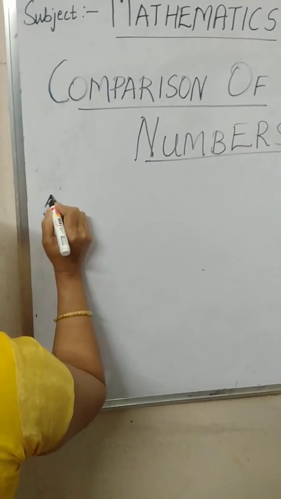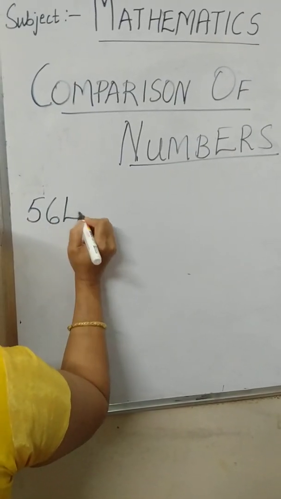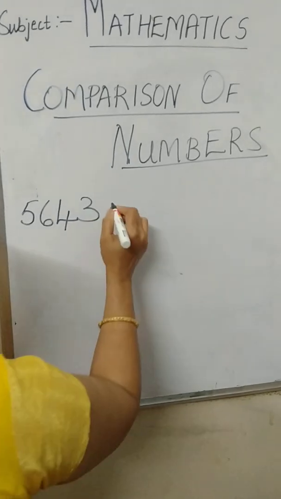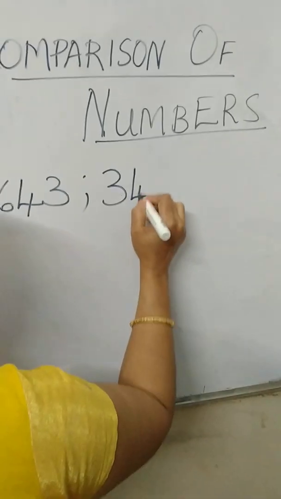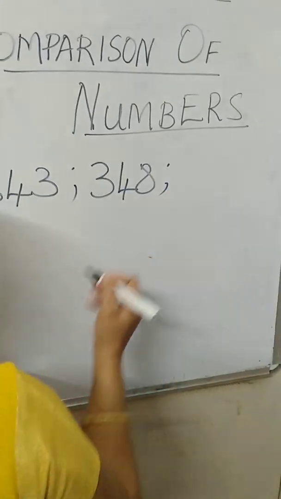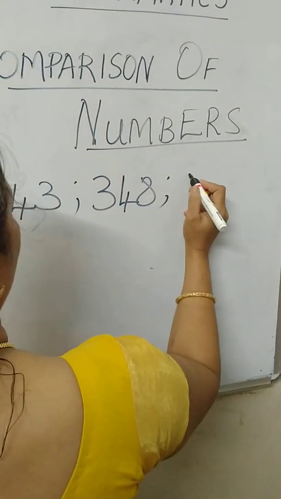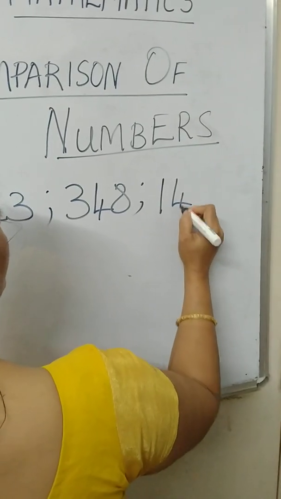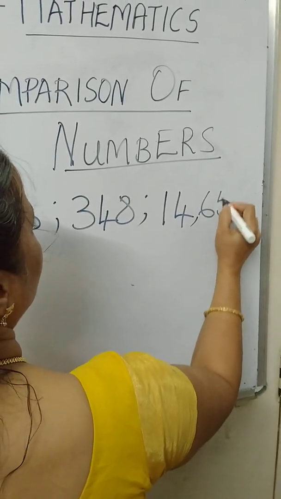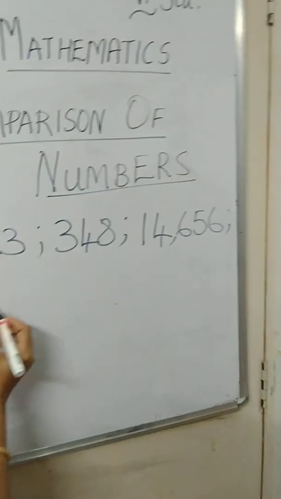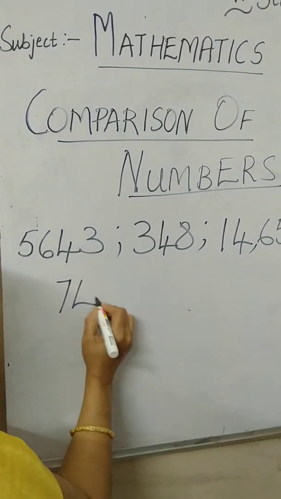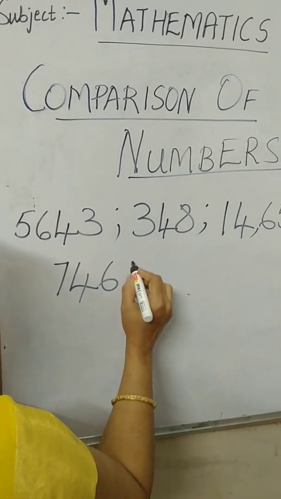Now 5643. Another number 348. Another number 14,656. We'll have another number 74,689.